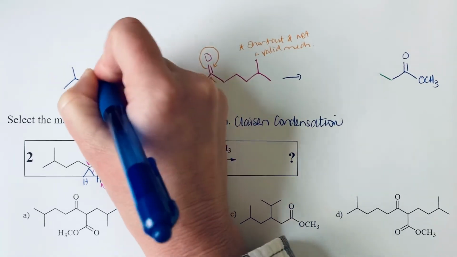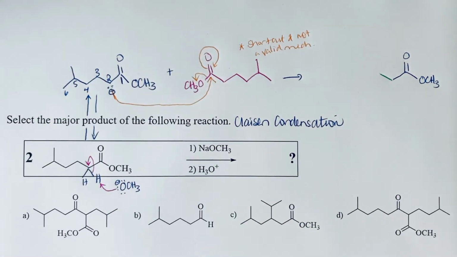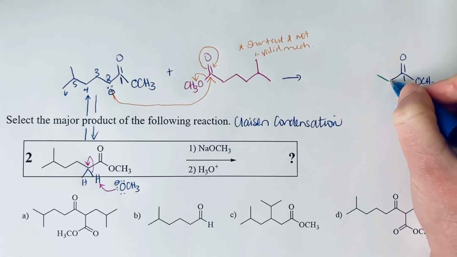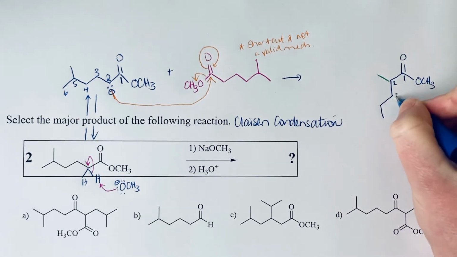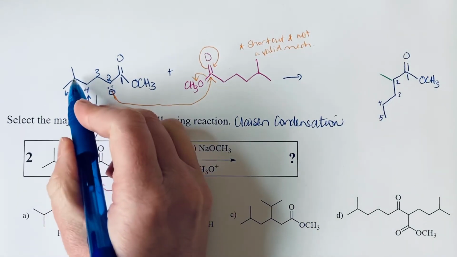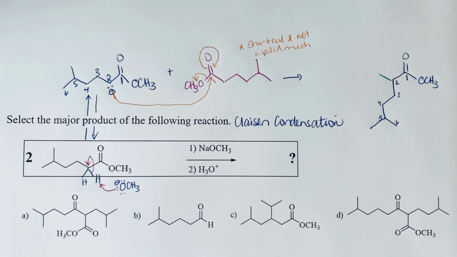So 1, 2, 3, 4, 5, 6. So I want to make sure, so this is 1, 2. I'm going to draw the rest of the chain going down this way. 3, 4, 5. And carbon 5 is a branch point where we've got these two methyl groups. So either one of these we could label as 6. So we've got that chain going down.